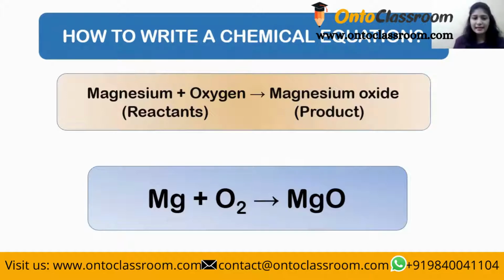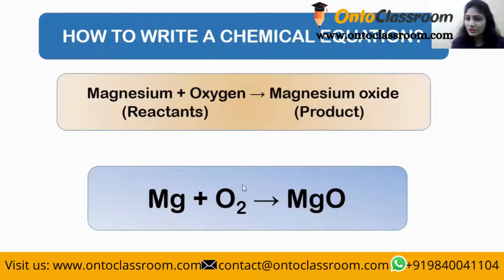If you look carefully at this equation, what will you observe? Is this equation complete? I would say the equation is not complete. You can see that in the reactants there is only one magnesium, and in the products also there is one magnesium.